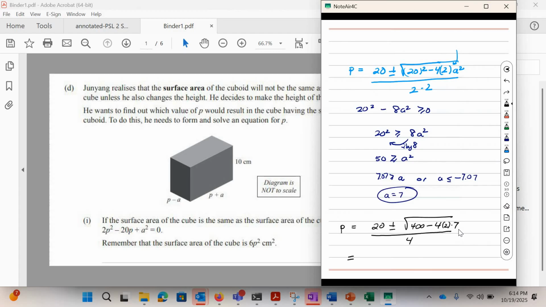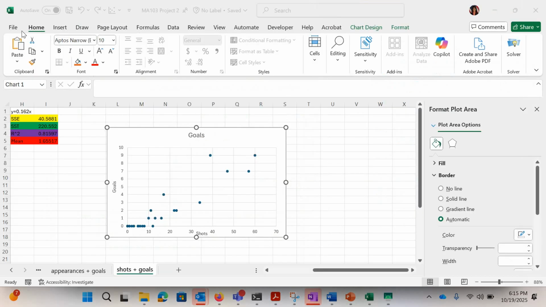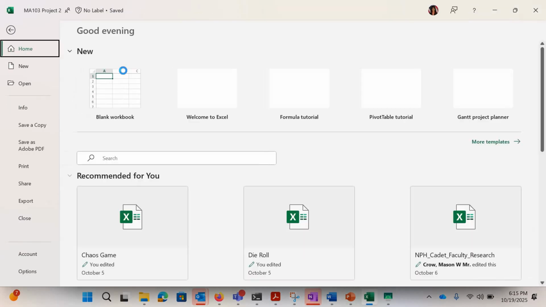And you can't see what I'm writing, but that's what I'm doing. I just put a equals 7 back in there, and I get, I'm going to do this on Excel because I don't want to deal with this. So let's do this on Excel.